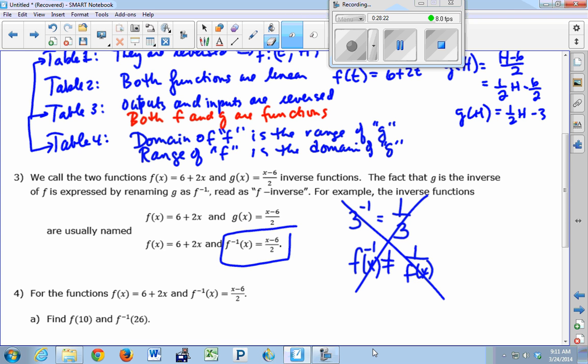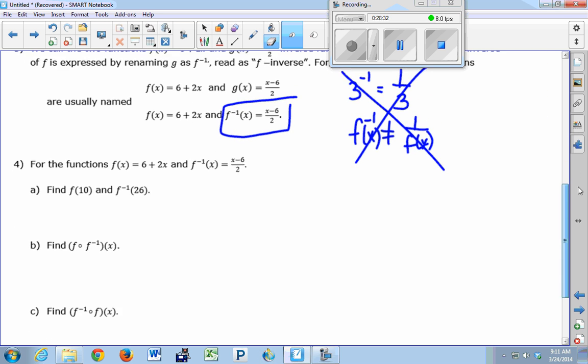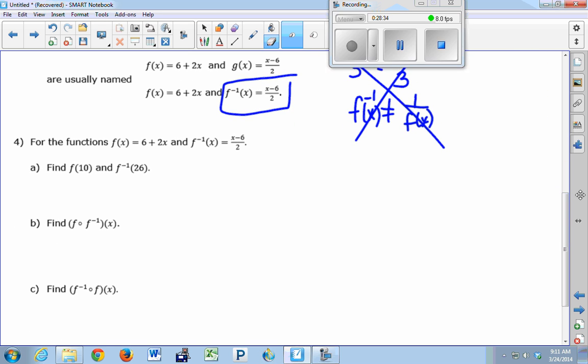So let's take a look at how this works now for just these two linear functions, as Chris noticed, over any real numbers. We're not in the situation where we're talking about the height of the seedlings. So let's find f of 10. f of 10 is going to be 6 plus 2 times 10, which is 26.